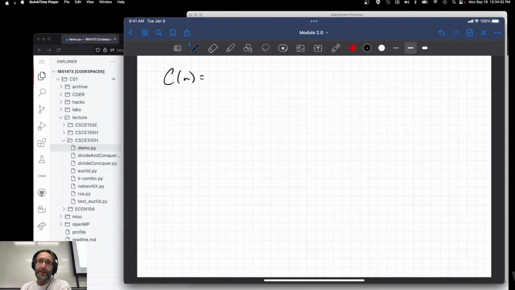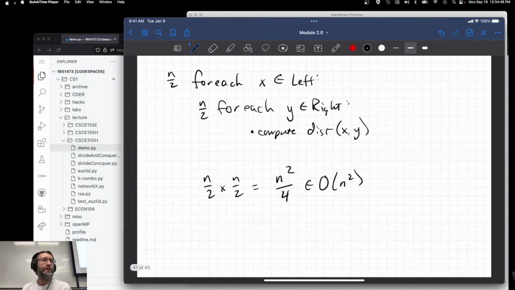Now, the recursion is standard, right? There are 2 recursive calls on inputs that are half as big, and there's a non-recursive cost associated with that. This is our non-recursive cost.